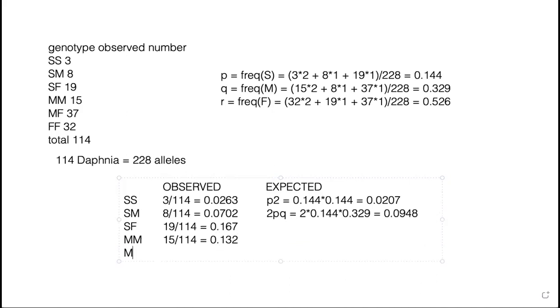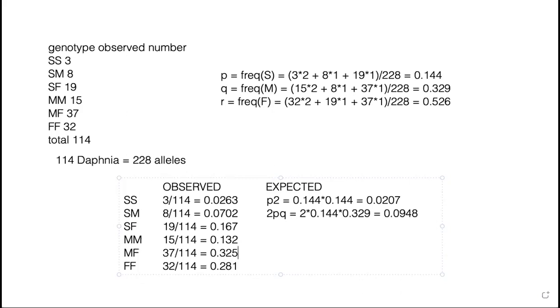And the frequency of MFs that we observe is 37 over 114, which is 0.325. And the frequency of FF individuals is 32 divided by 114, which is 0.281.